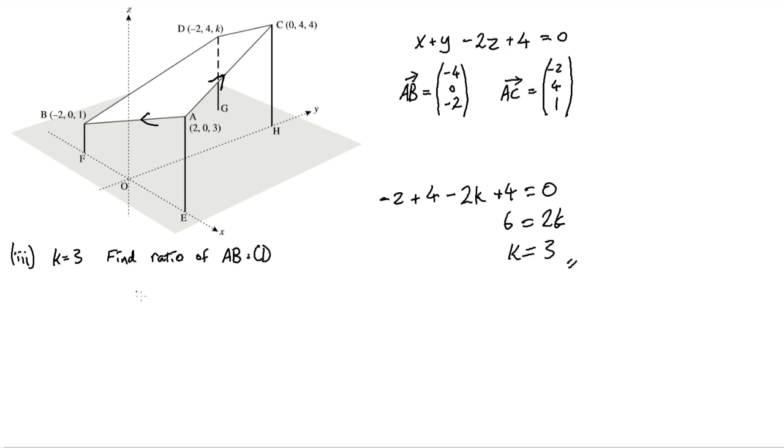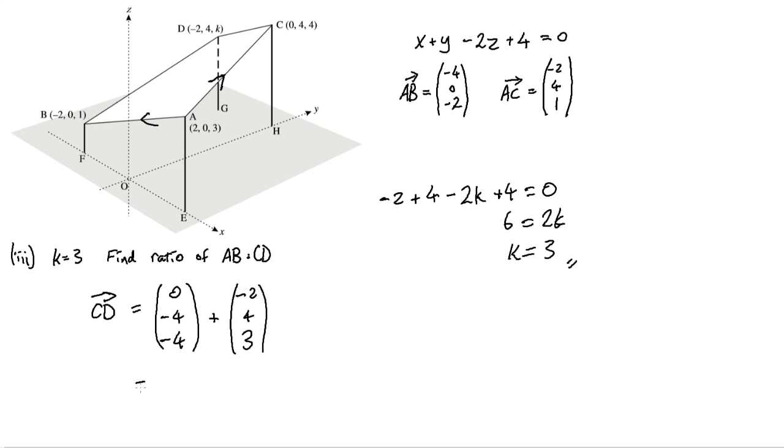So let's do CD as a vector. CD vector is equal to minus C plus D. So it is 0 minus 4, minus 4, add minus 2, 4, and K, which is 3, as we found.